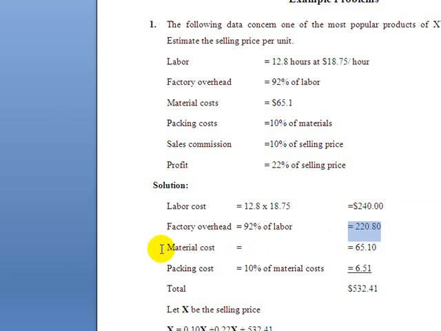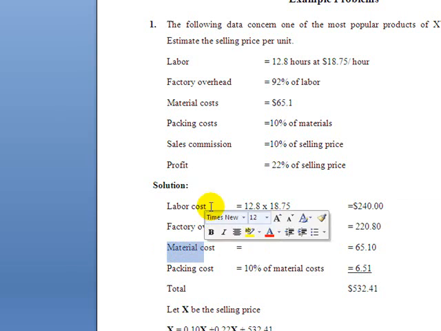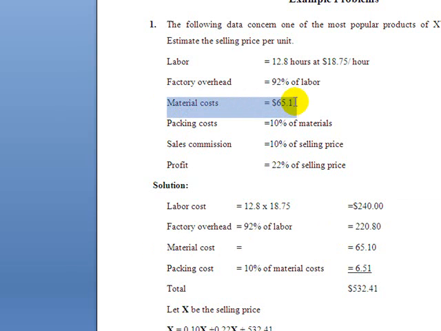Next is material cost, which is given here as $65.10, so we put it as is, $65.10 per unit. Packing cost is 10% of the material cost, right? So 10% of 65.1 is $6.51. That's the packing cost.